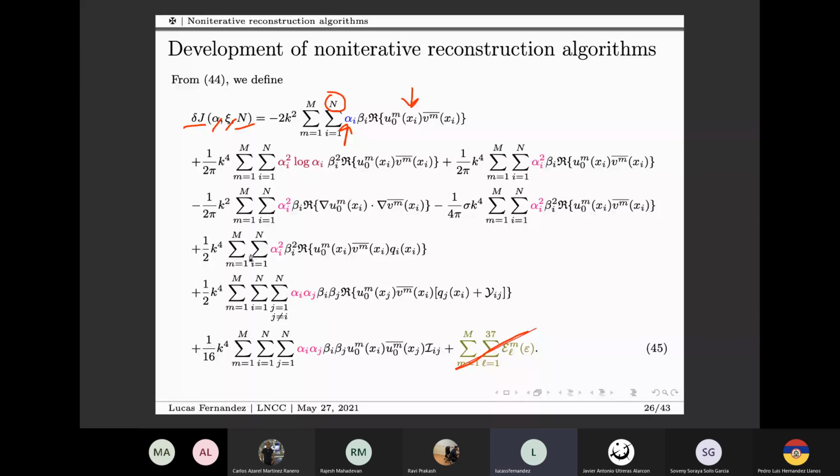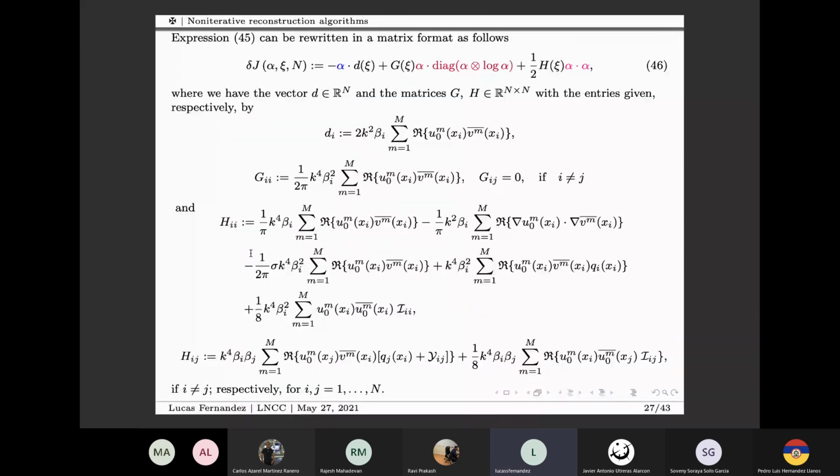So for computational purposes, we rewrite equation 45 in a matrix format, which is given by 46, where D is a vector and capital G and H are matrices whose entries are given below.